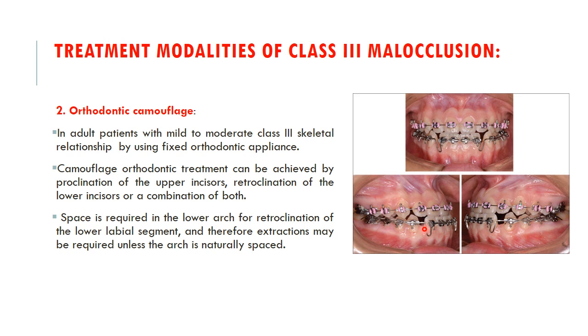If we need a space to correct the crowding in the upper arch, we may consider expanding the maxilla anteriorly and posteriorly if it was combined with a buccal crossbite. And if we need a space in the lower arch for the retroclination of the lower incisors, we may consider extracting the lower fourth premolars, unless the arch is already spaced, so we may make use of the already existing spaces.